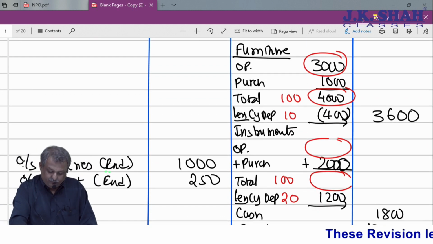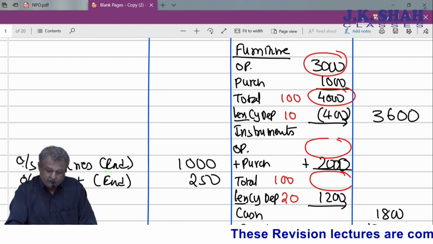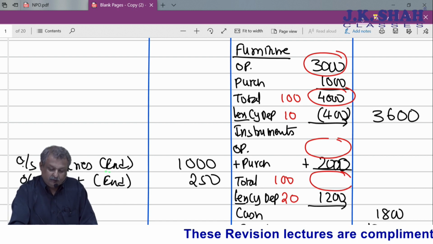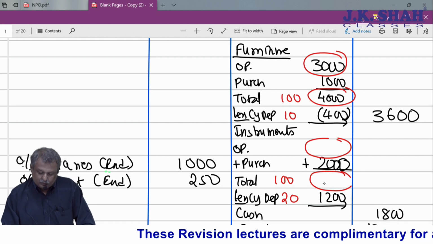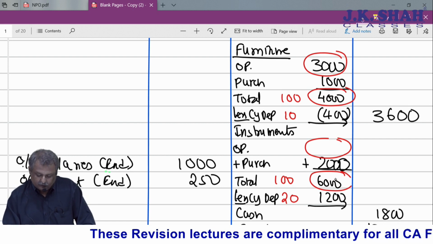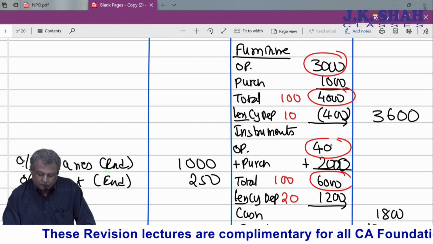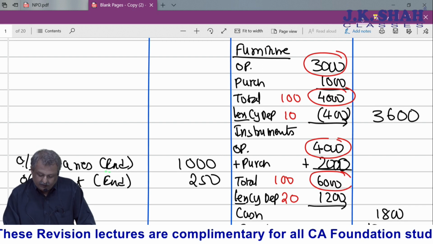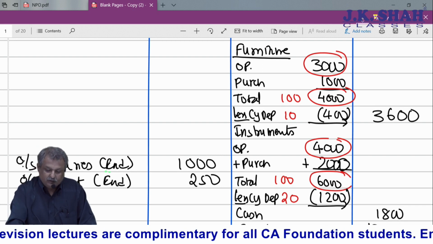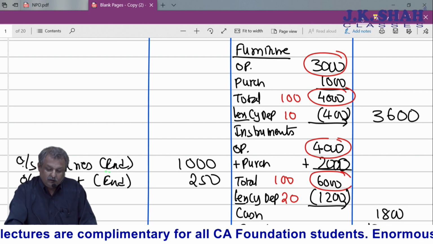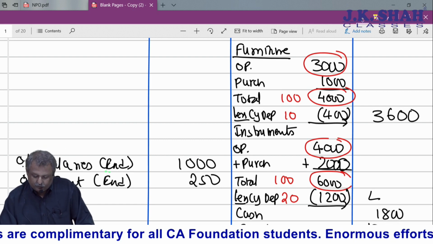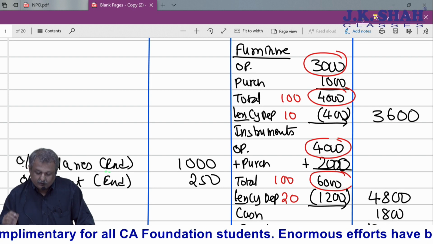Similarly, let us find for instrument. 1,200 into 100 divided by 20. So this will be 6,000. Opening will be 4,000 and 6,000 minus 1,200. Outer column will be 4,800.